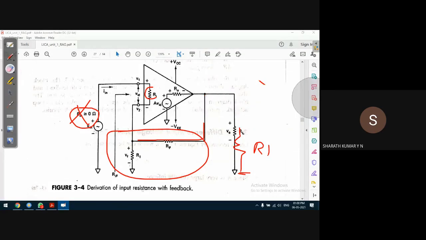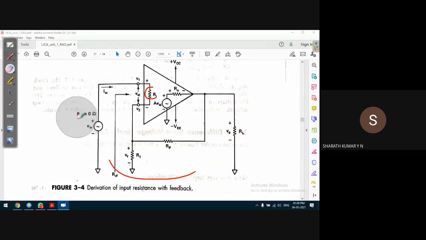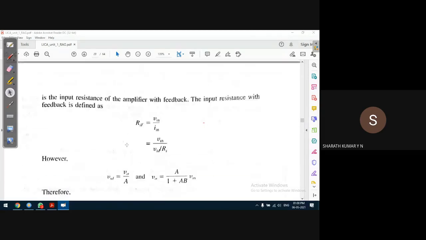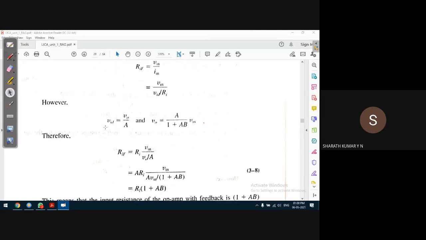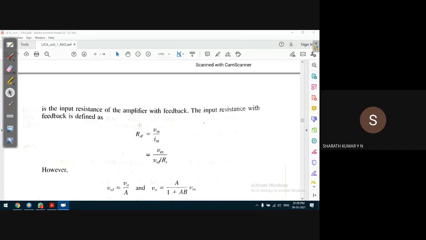You have to understand that for an open loop op amp, when you consider only the open loop circuit without any feedback, this RA is very, very large. Ideally, as we understood, infinite ohms. But practically that is not possible; practical circuits have their own limitations. In this derivation we consider the current.